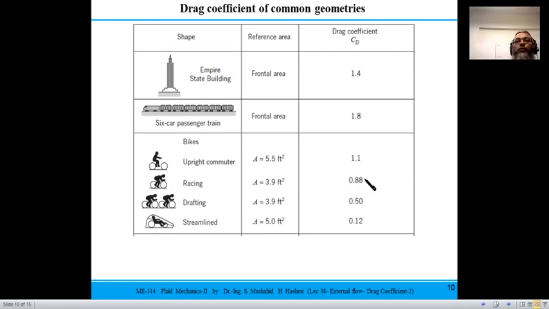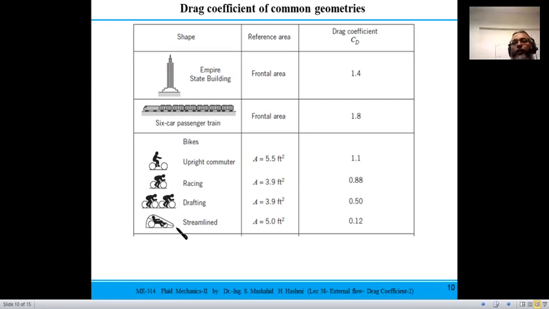And this is what is called drafting. There is a pressure distribution due to the person in front, and the racer following that cyclist would be experiencing less drag. That is called drafting.